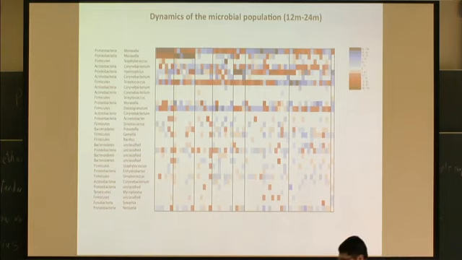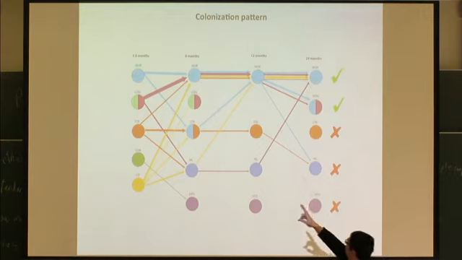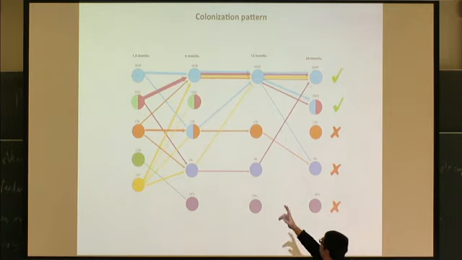So this is all nice, but then what we wanted to see is what kind of message we actually get out of this. And we made this simple plot to understand what's happening. Let me try to explain what's going on here. These are the different time points: 6 weeks, 6 months, 12 months, 24 months.